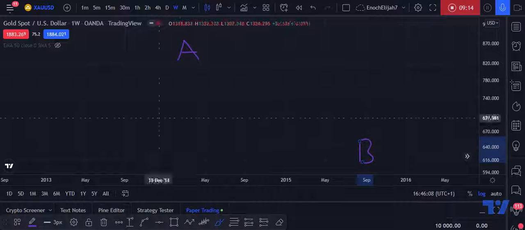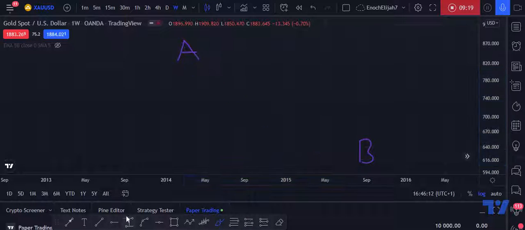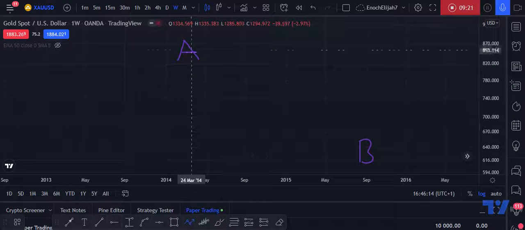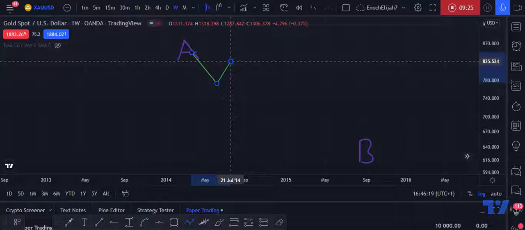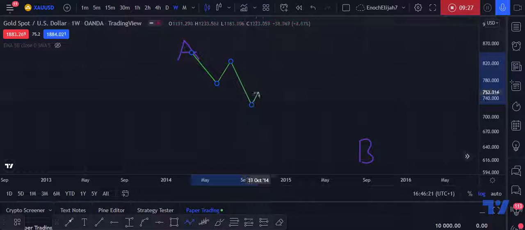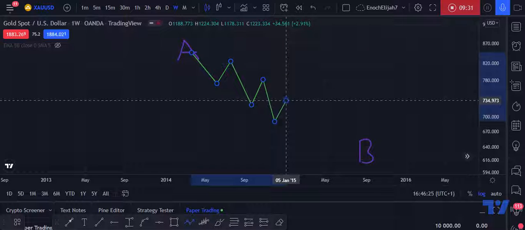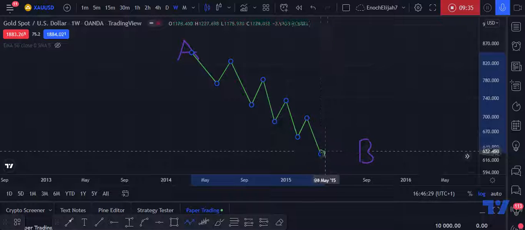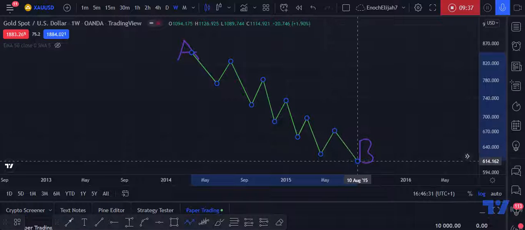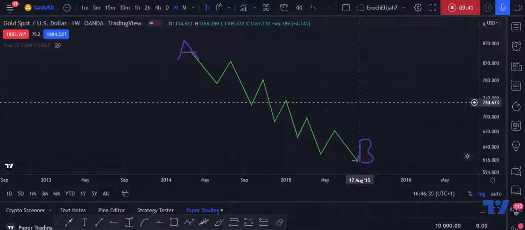Markets will not move just straight like this. No, it doesn't move that way. Instead, the market will move like this, giving you lower highs, lower lows, lower highs, lower lows. So this is how market price moves.